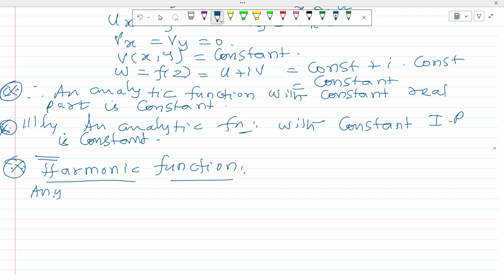First you write the definition for the harmonic function.